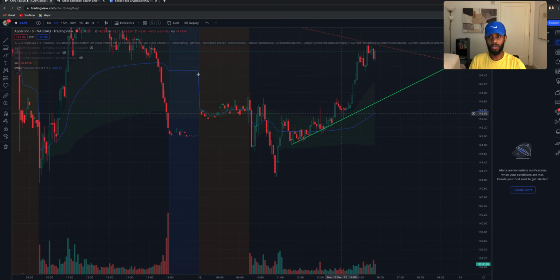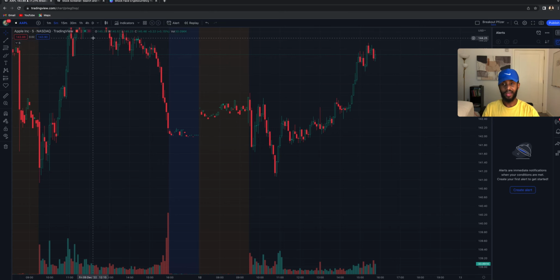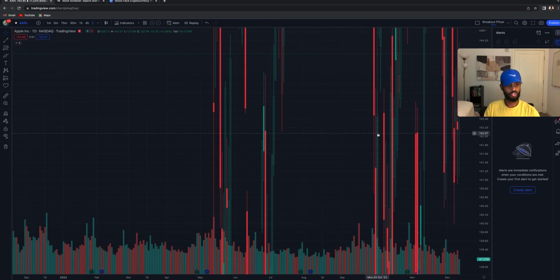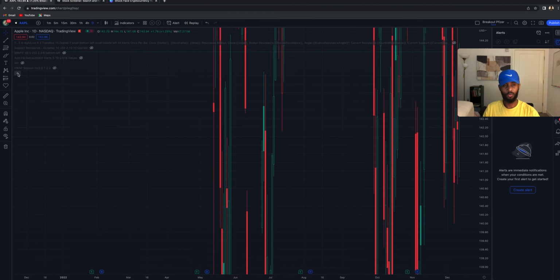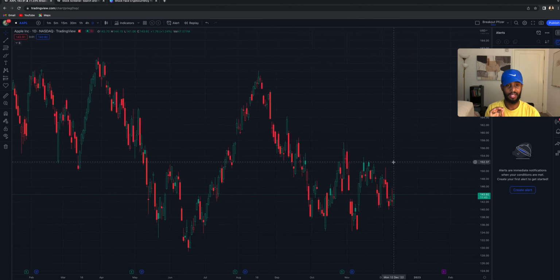So the stock that we are looking at right now, just as an example, this works for any asset that we are trading, but we are going to look at Apple. The first thing that I like to do is jump to the daily chart. I think there was a survey that was done, and about 90% of professional traders and 90% of profitable traders said that they trade based off of higher time frames, not lower time frames.